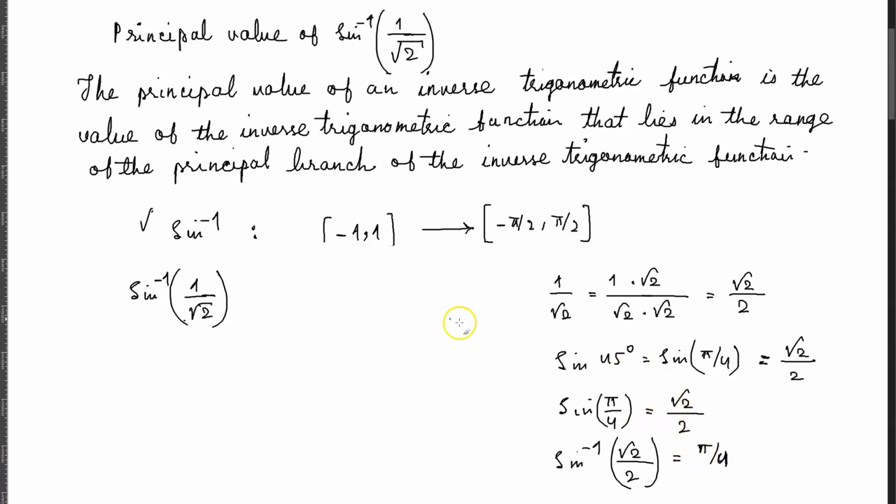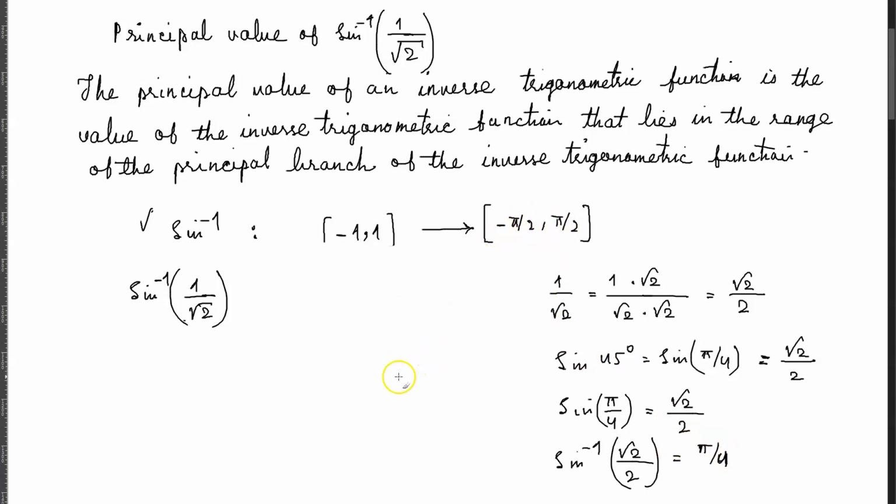Right? So now you need to make sure that this input is of course in your domain. Square root of 2 over 2 is some value, like for example 1.4 divided by 2, which is 0.7. It is in your domain. And pi by 4 is some value in your range, because pi by 4 is 45 degrees.